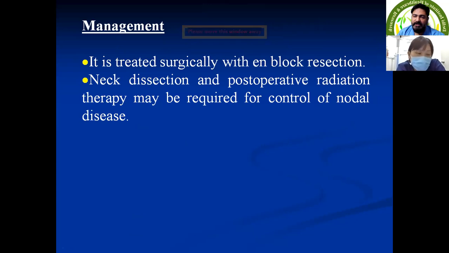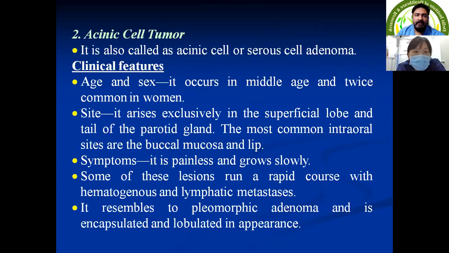Then acinic cell tumor, also known as acinic cell or serous cell adenoma. It occurs in middle age and is twice as common in women. Site: it arises exclusively in the superficial lobe and tail of the parotid gland. Most common intraoral sites are buccal and oral lip mucosa.